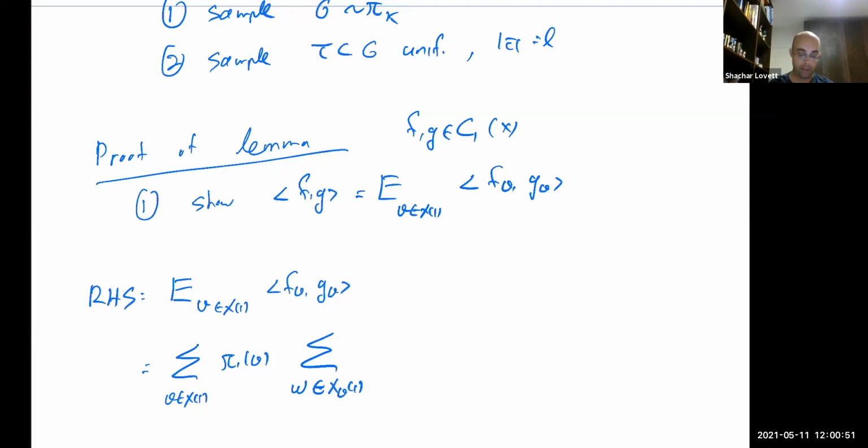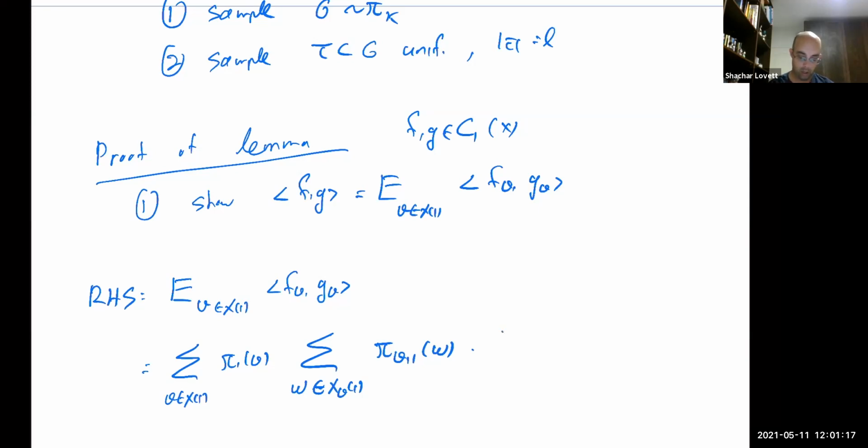Well, it should be the probability that we sample W, so let me remind you this definition, pi V1 of W, the probability that we sample W in the complex that underlies V, times FW GW.